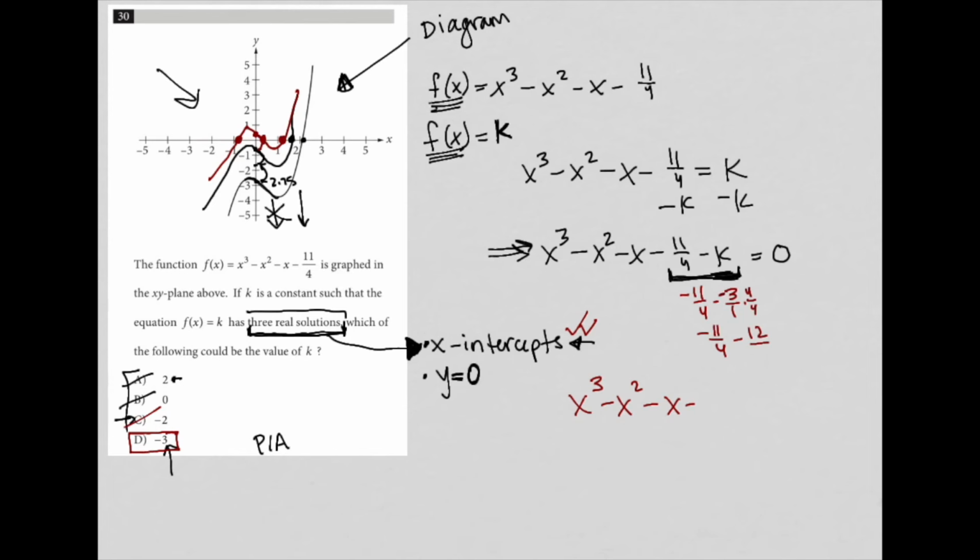This is negative, so it becomes plus 12/4. And that becomes positive 1/4. So now my new y-intercept is at positive 1/4. And again, you can throw this into a graphing calculator, and you'll see that you get 3 x-intercepts.